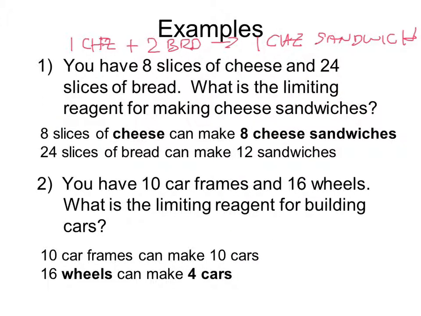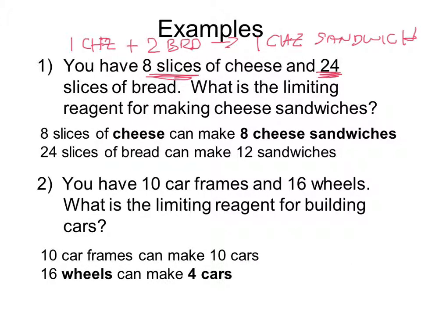Based on our definition, we need to understand which one of these is going to be used up first. Based on our balanced equation, for every 1 piece of cheese, we need 2 pieces of bread. We only have 8 slices of cheese, so I can only make 8 cheese sandwiches, because I need 1 per sandwich.